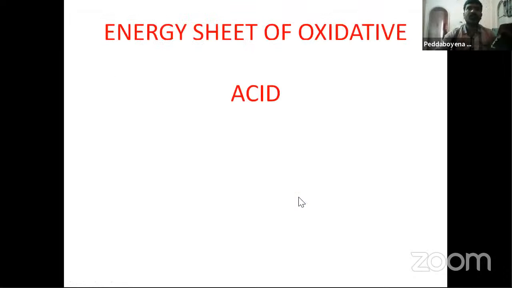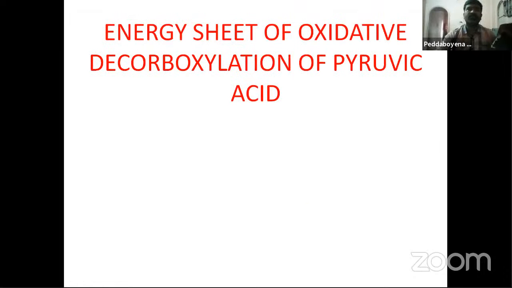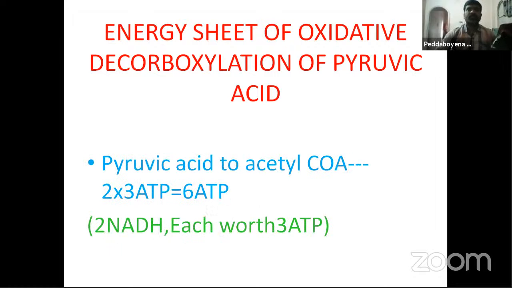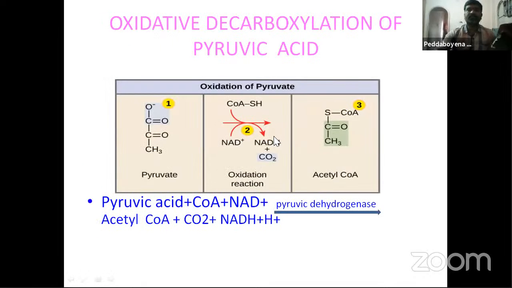Okay, now the energy sheet of oxidative decarboxylation of pyruvic acid. Here pyruvic acid is converted into acetyl coenzyme A. In this, we already know NAD; two molecules are taken, but remember it is two molecules. One NADH gives rise to three ATP.